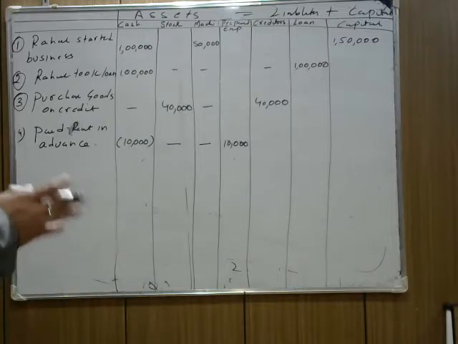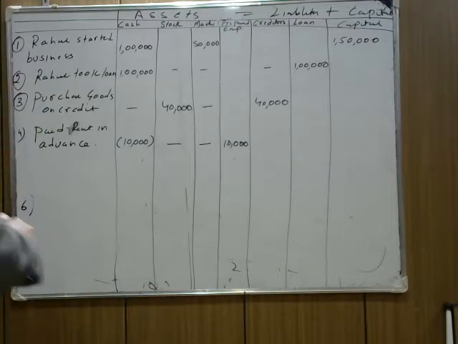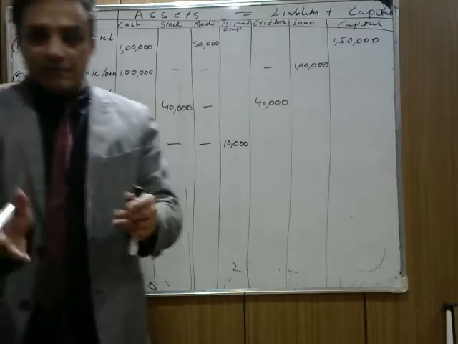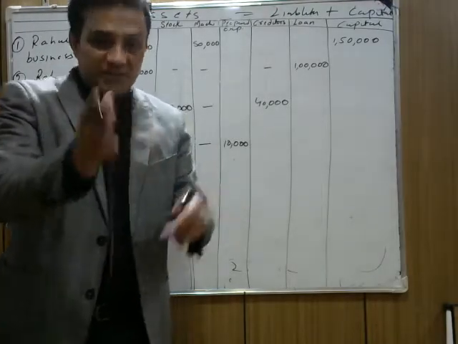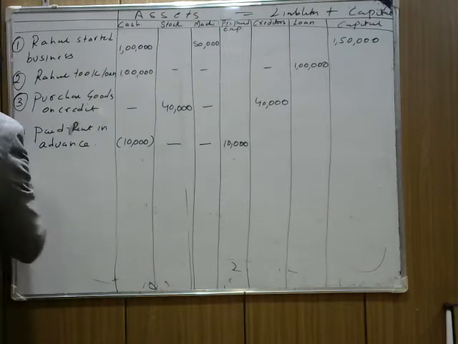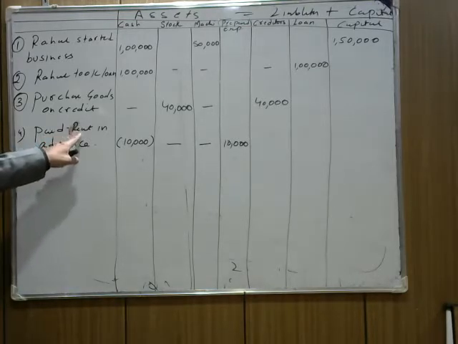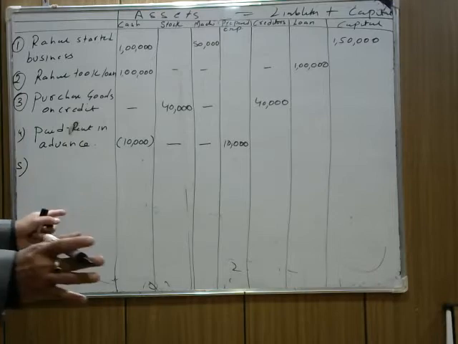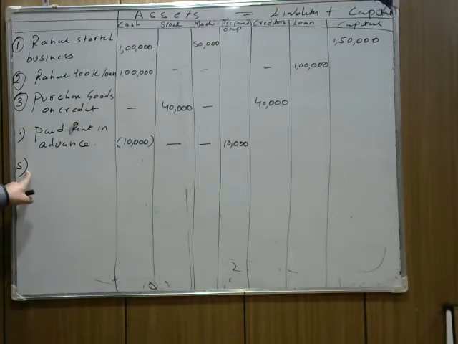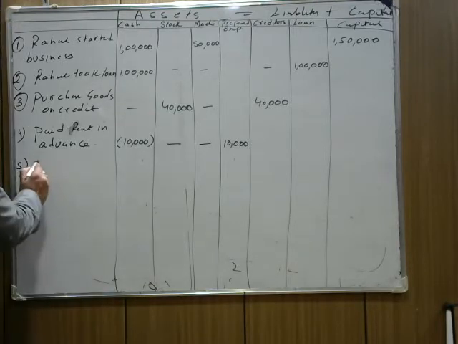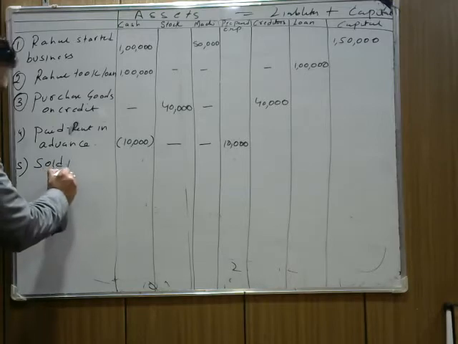We paid rent in advance. This is the transaction number 5th. Now we wrote the 4th one in the question, but the 4th transaction was sold machinery. I wrote it 5th; the sold machinery part was transaction number 4th. I forgot that. This doesn't make any change.